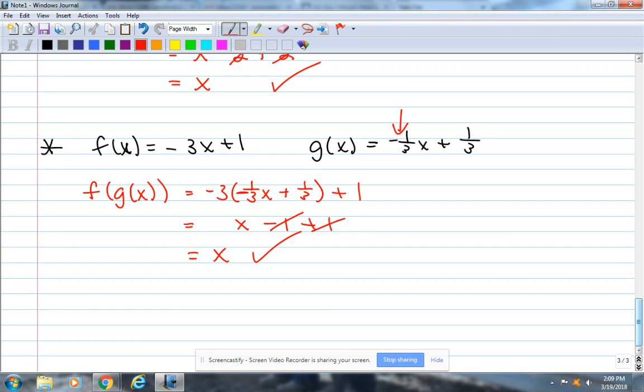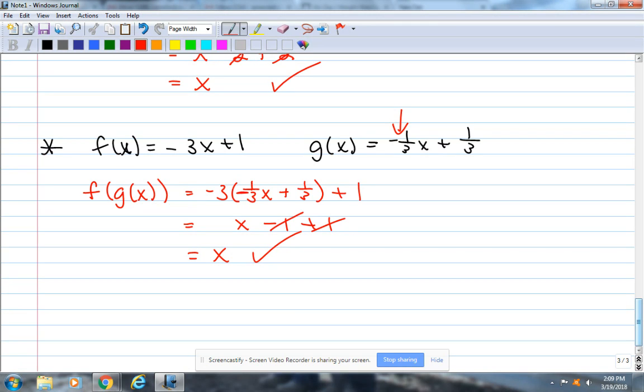So what they're going to do now is they're going to give you the equation of a function, and they're going to say, is the inverse a function? So not is this a function, but is the inverse of this graph a function? So guess what?